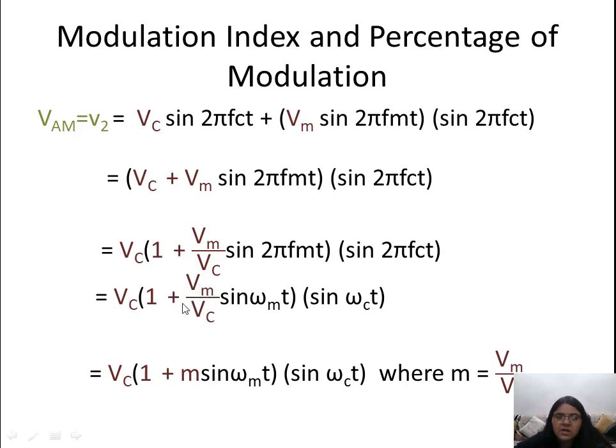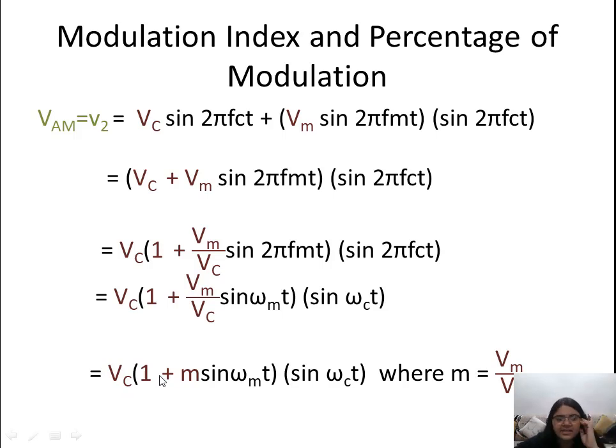Rewriting this equation, it is equal to Vc times (1 plus small m sine omega m t) sine omega c t. So m is equal to Vm upon Vc. Now, for the modulation index, the condition for Vm and Vc that we have studied is that Vm should be less than Vc.